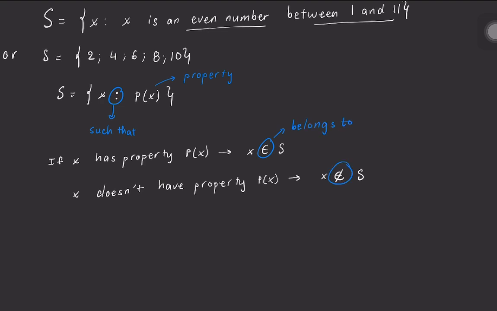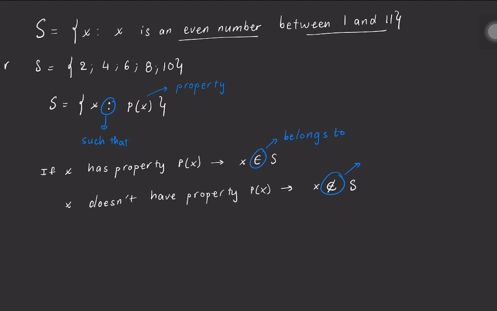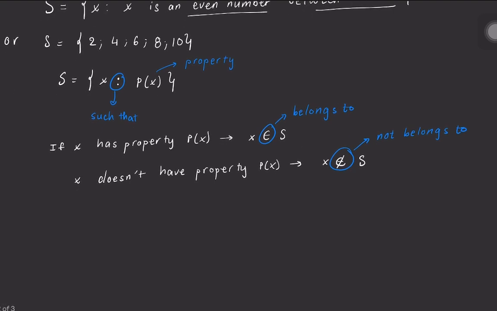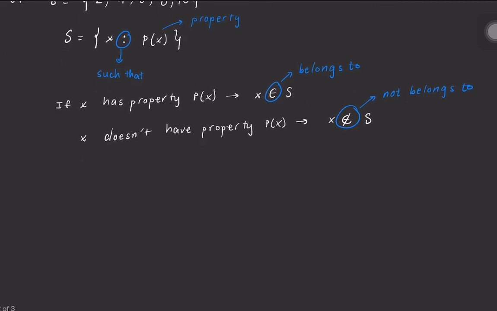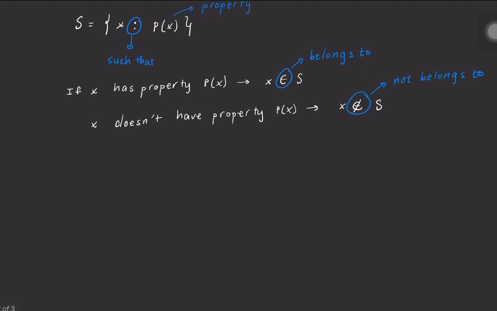And this one with a cross out is the opposite meaning, which is "does not belong to". So that's how we denote a simple set in math.